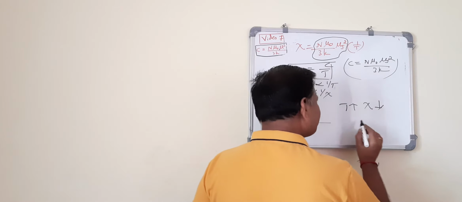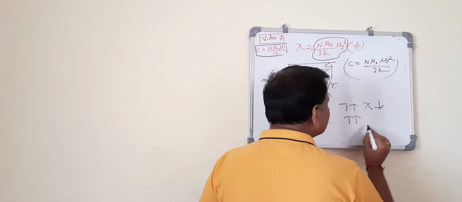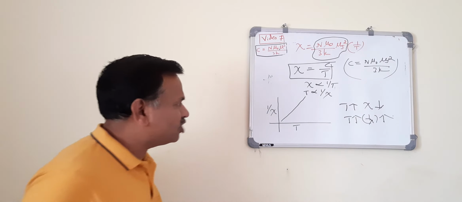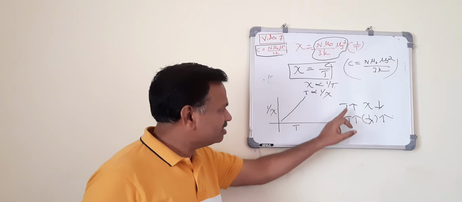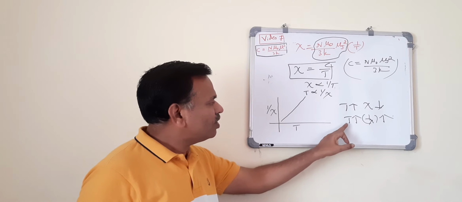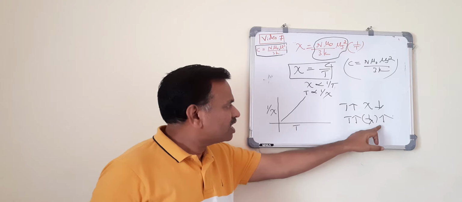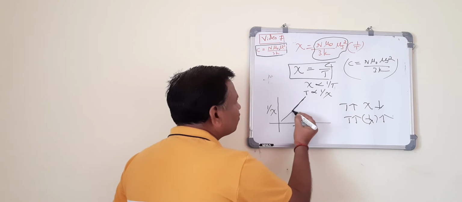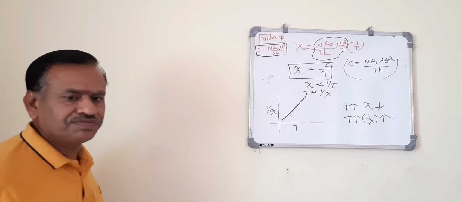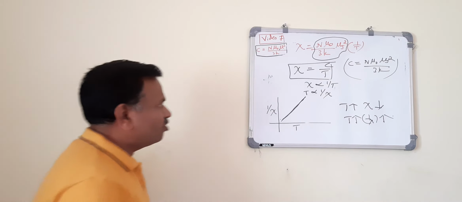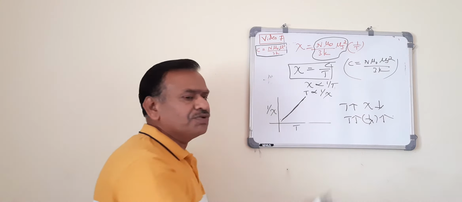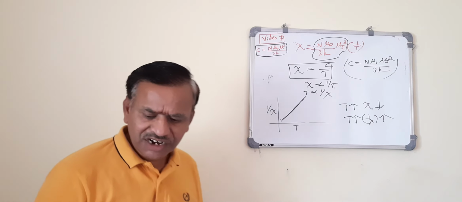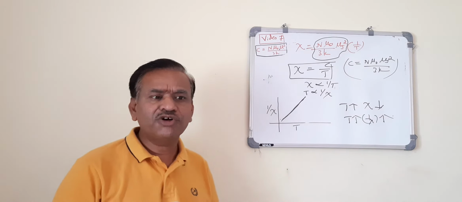Or else, as temperature increases, 1 by chi increases. Both are the same. This is the nature of the graph. What is C here? C is called the Curie constant.